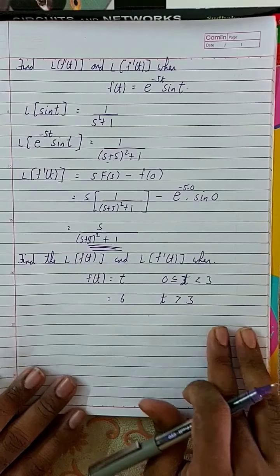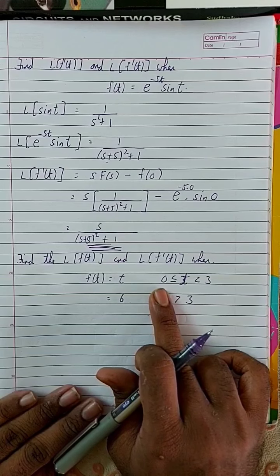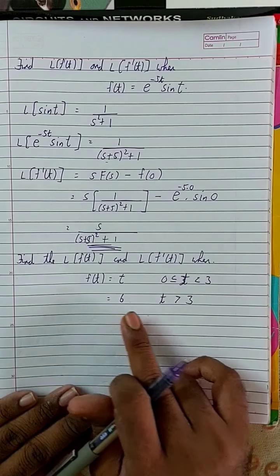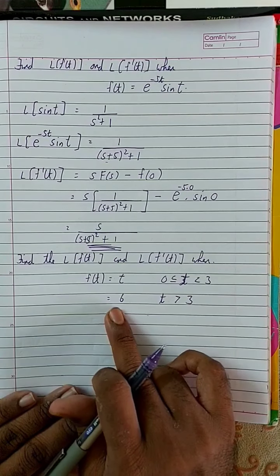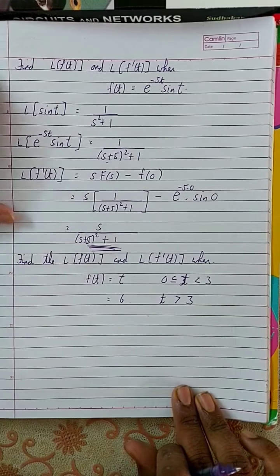That is, f of t is equal to t between 0 and 3, and when t is greater than 3, f of t is equal to 6. This is the question. So they are asking us to find the Laplace transform of this.